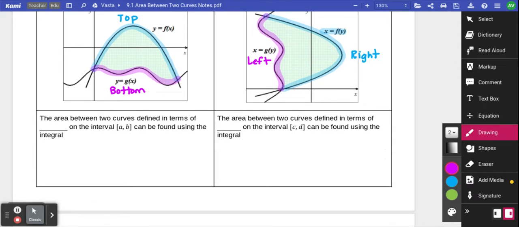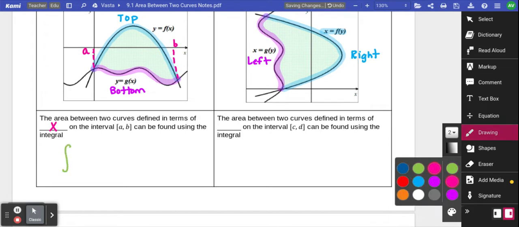The area between two curves that are in terms of x, which was our first learning target here. So the first thing we're going to talk about is curves that are in terms of x on the interval from a to b. Now in this picture, a would be the beginning x value where those two curves intersected, and b would be the ending x value where those two curves intersected. You can find that area by doing an integral, just like we've always done, from a to b.